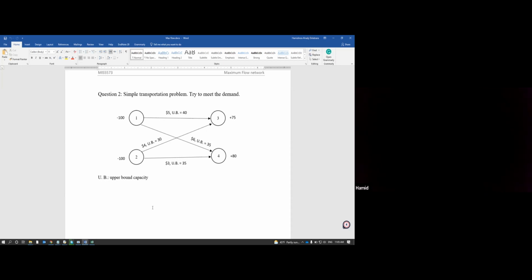So also on each link, you have UB, which stands for upper bound capacity. So you cannot send more than that capacity on each link.